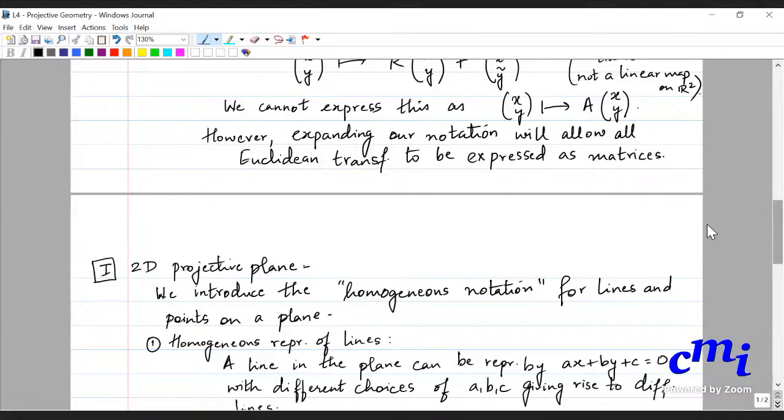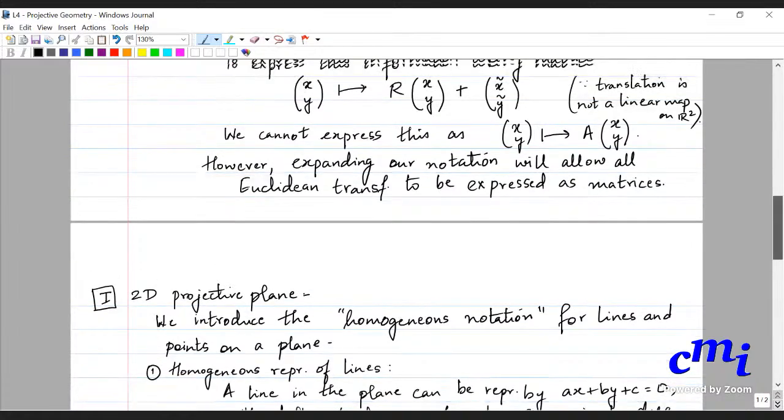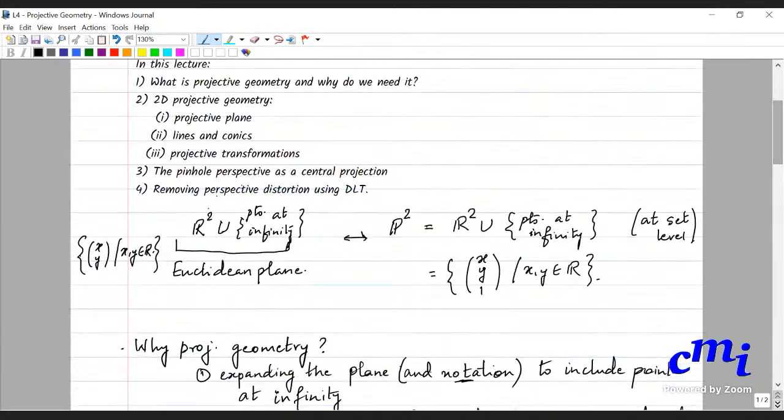First of all, the points in here will be written in what is called the homogeneous notation. The reason for the name will be clear in a moment. This is for the same point. So (x, y) is the same as the point (x, y, 1). That is its homogeneous notation, and the former will be referred to as the inhomogeneous notation.